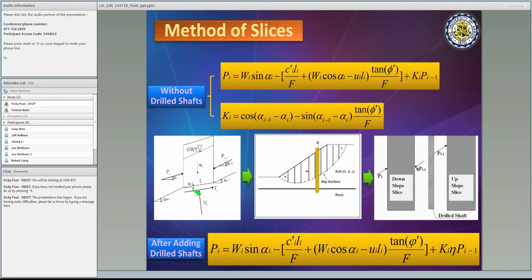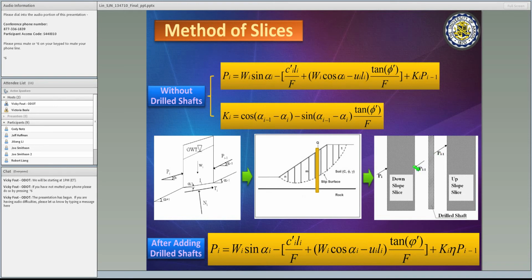Then we can get the relationship between Pi and Pi minus 1. After adding the drill shaft, the Pi minus 1 becomes eta multiplied by Pi minus 1.